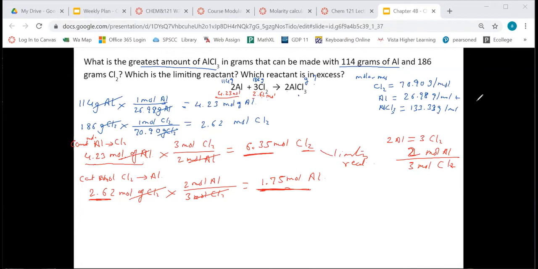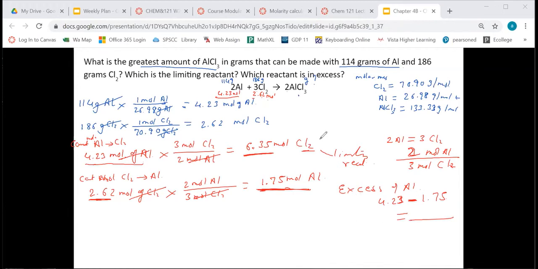So to calculate the excess of aluminum, what do we do? This is how much we have, 4.23, minus we're going to use only 1.75. So that's going to be your excess of aluminum, right?